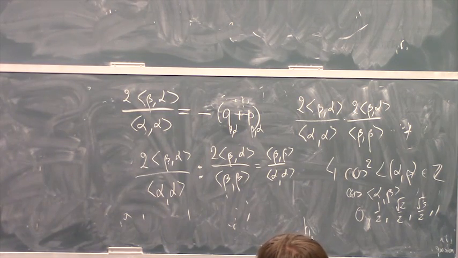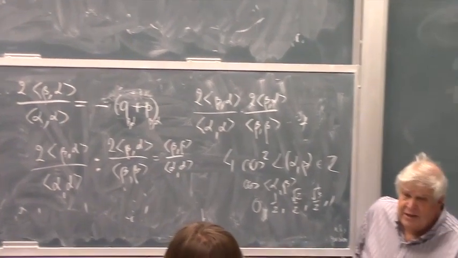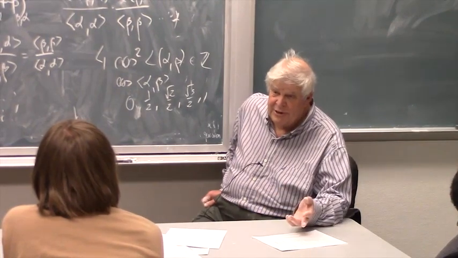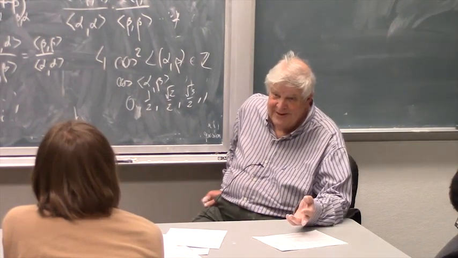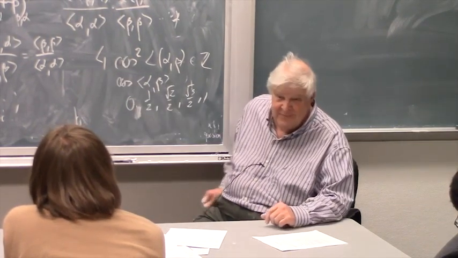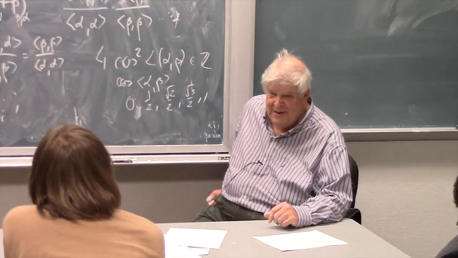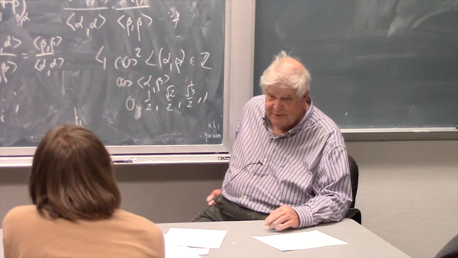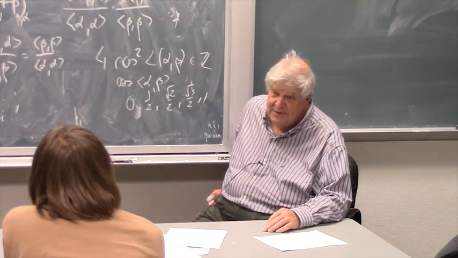The fact, which I just formulate because my time is over, is that if the angle between two roots is 30 degrees or 150 degrees, then the ratio of their lengths is square root of 3. This follows from this. If this angle is 45 degrees or 135 degrees, then the ratio is square root of 2.